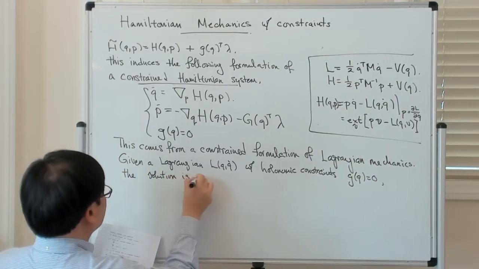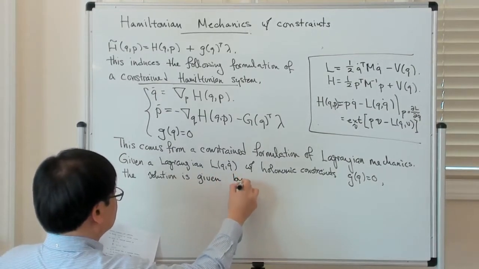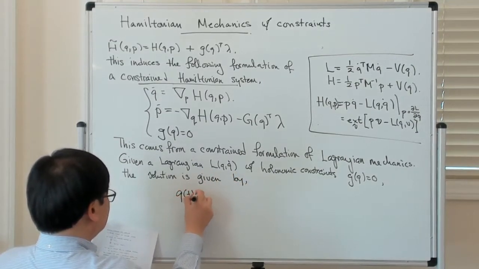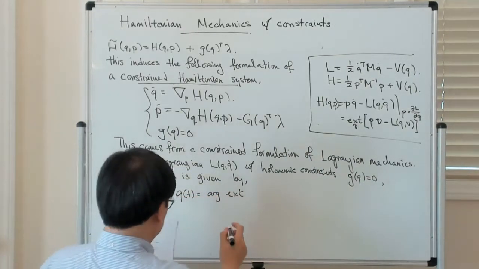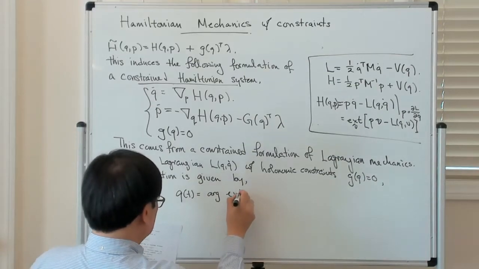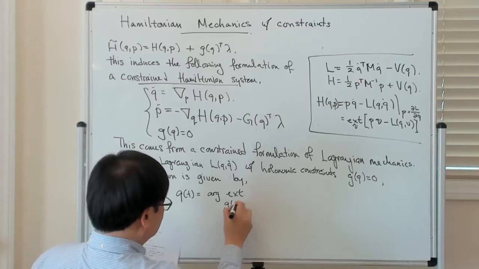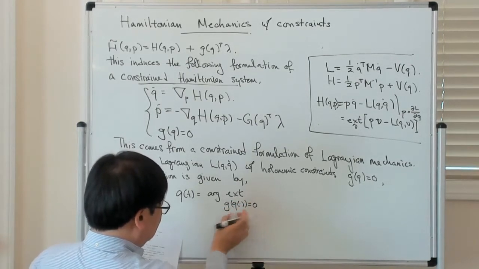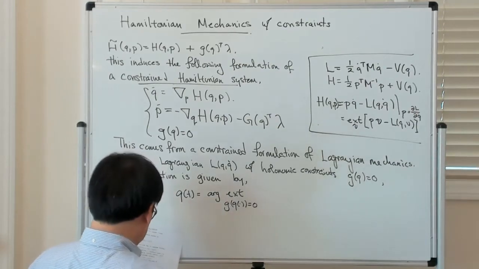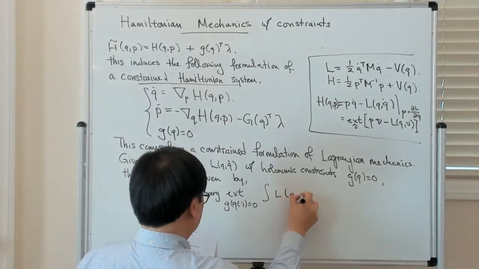is given by the arg extremizer. So q of t is the arg extremizer over curves which satisfy the constraint. This is what I mean: g applied to the curve is identically 0, and then the integral of this.